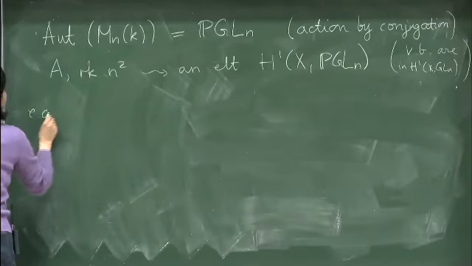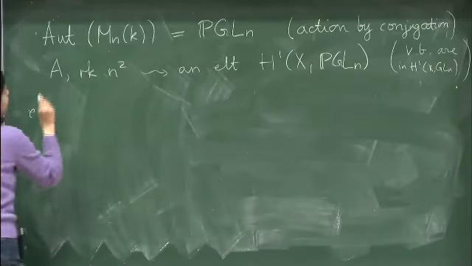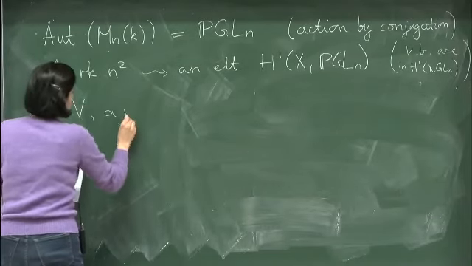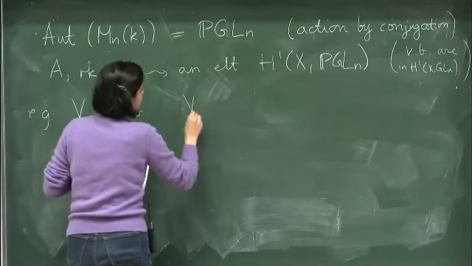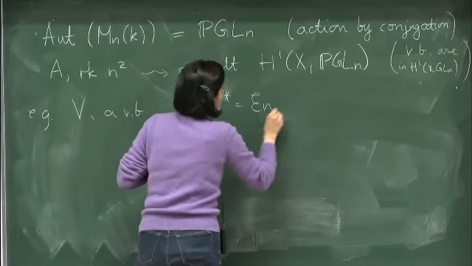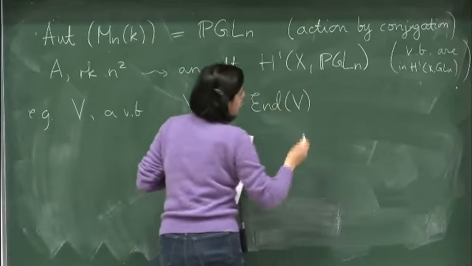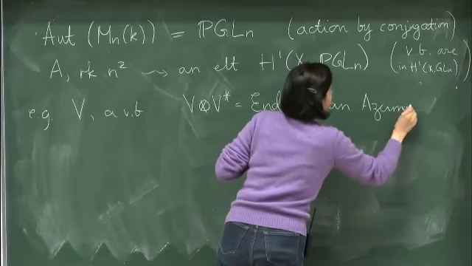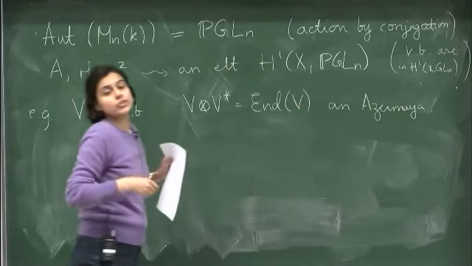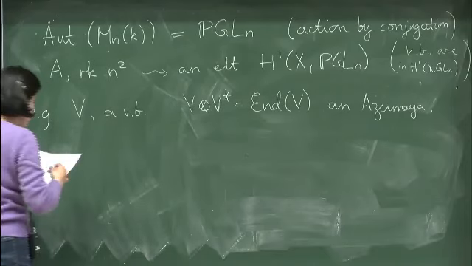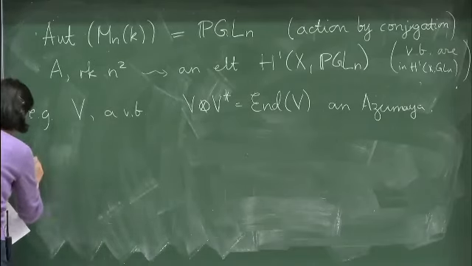So just to give you an example, suppose you have a locally free sheaf or a vector bundle V. Then just take V tensor V dual, which is the endomorphisms of V, and this is an Azumaya algebra. Azumaya algebras which are endomorphisms of vector bundles we're going to consider as trivial. I'll explain in a minute why. We're not as interested in them, but they're handy as an example.